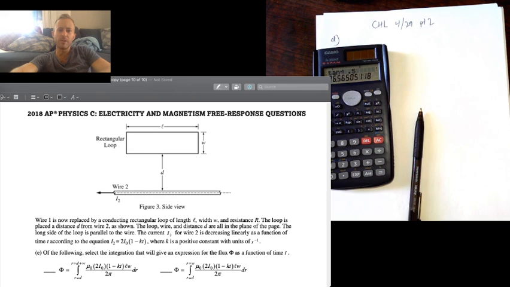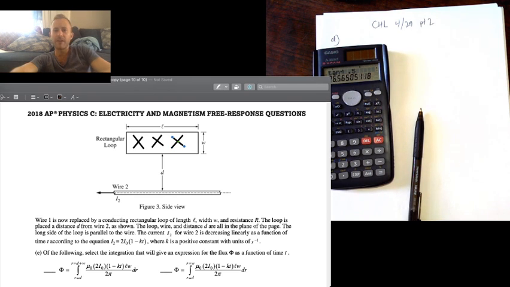Wire 1 is now replaced by a conducting rectangular loop. The long side of the loop is put on the wire. The current I2 for wire 2 is decreasing linearly as a function of time. So we have a magnetic field that is into the page that is getting smaller.